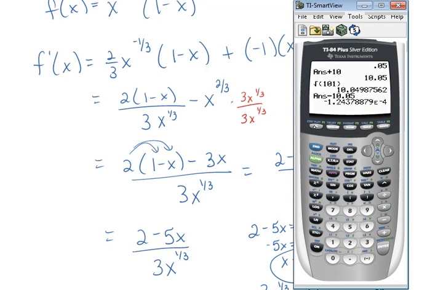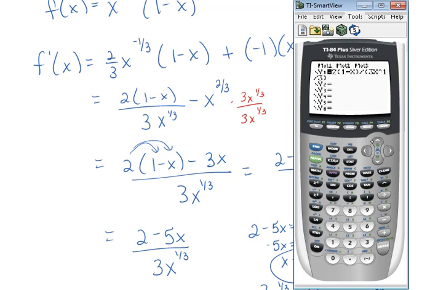So I'll go to y equals and type in my derivative, and I'll just use the unsimplified one: 1 minus x, divided by, you have to put that in parentheses, 3 x to the 1/3 power.